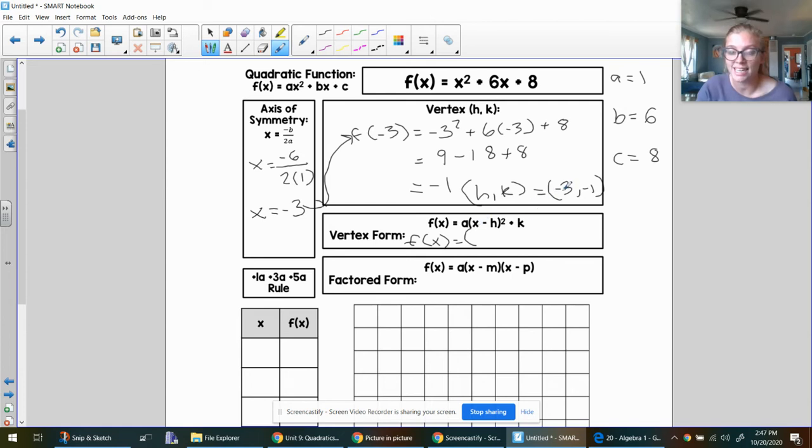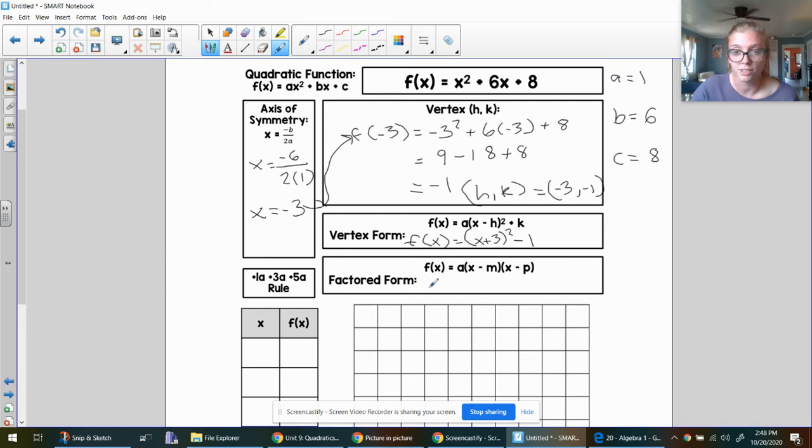Well, x minus negative 3 is the same as x plus 3. So I'm going to write in (x plus 3) squared minus 1. So that's my h value. We have to switch the sign because it's a minus. And then k is not a minus, so we do not switch the sign. We only switch the sign for the h value. So vertex form of this quadratic is (x plus 3) squared minus 1.